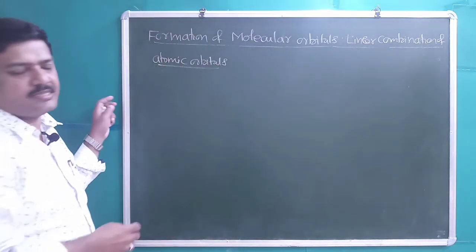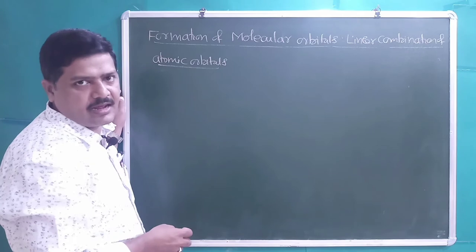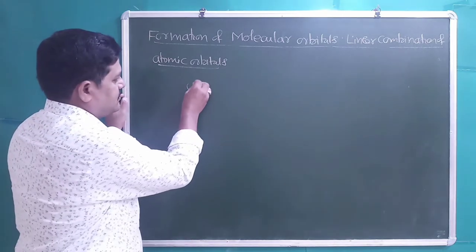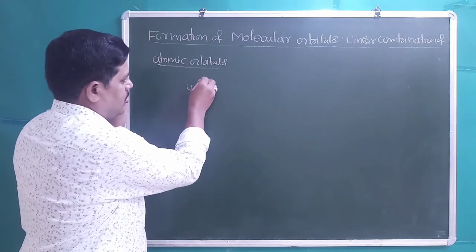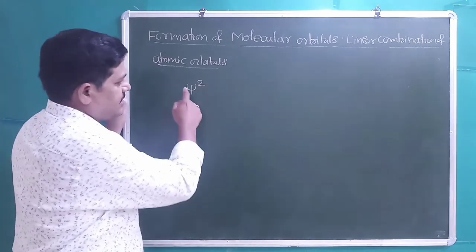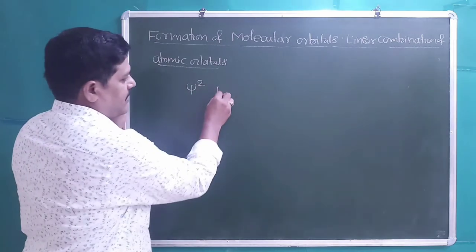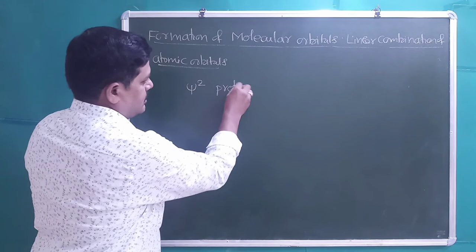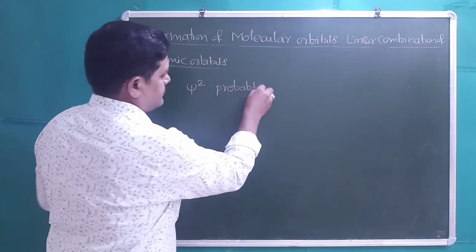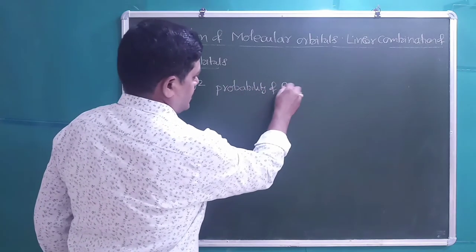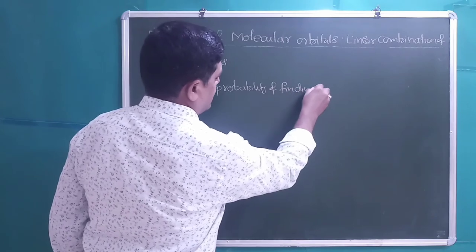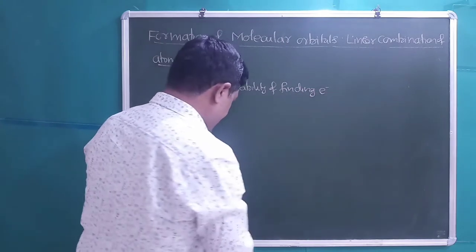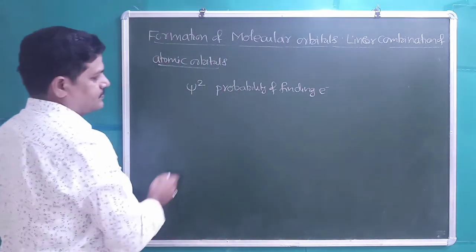Students, electron density around the nucleus in an atom is given by the psi square probability function. Psi square is known as the probability of finding an electron in the atom.